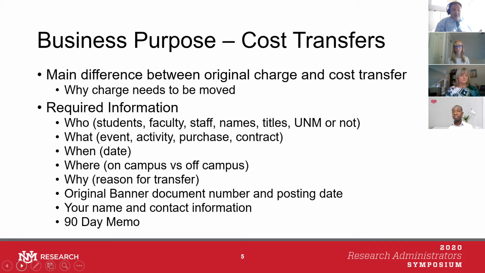We need the original posting date so we can determine if a 90-day memo is required or not. The original Banner document number is needed so that we can see that expense going on and off the index of the project. We also require that you provide us your name and contact information in case we have any questions.